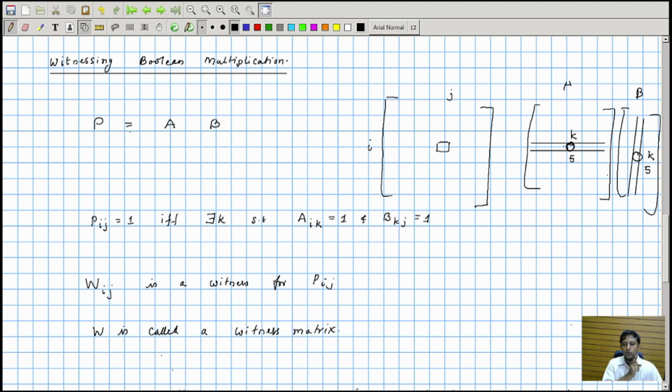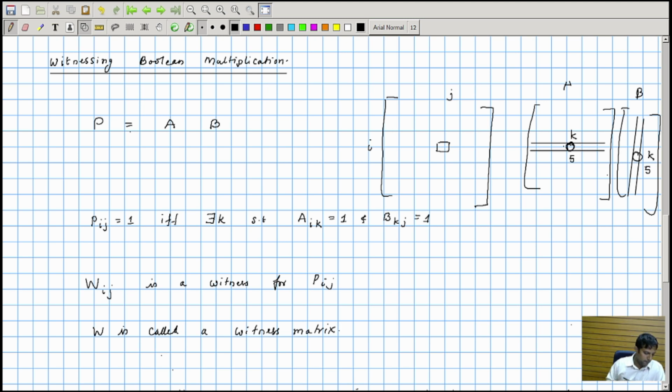Note that if you know the witness matrix, then you can quickly compute the product. Because if the value of Wij is 0, then you know that the product is going to be 0. And if it is non-zero, then you can look at that particular position and compute the product.